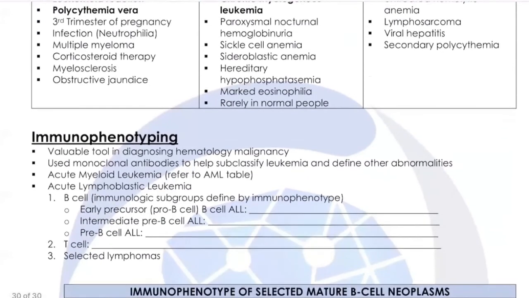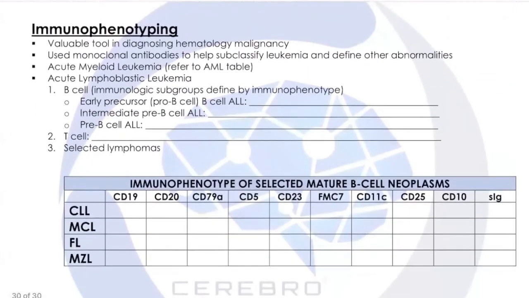And I think this is the last for our laboratory techniques, and this is very important, especially in the recent exams, based on feedback from exam passers. There are already plenty of questions about immunophenotyping, wherein you are given a result of flow cytometry and you are to identify the condition.